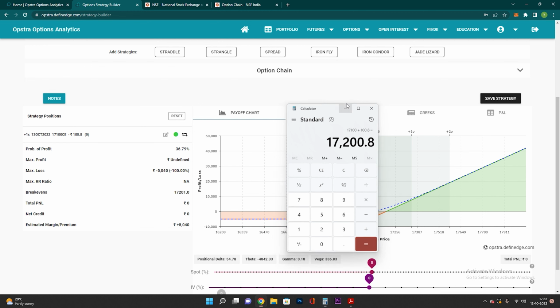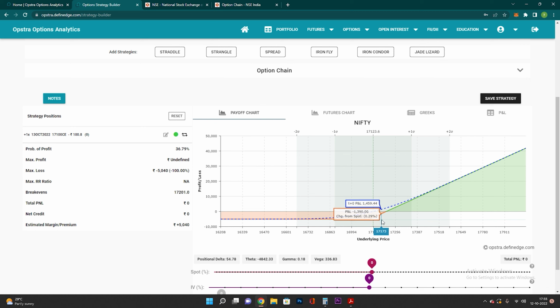After that, at 17,202, 17,203, each 1 point will be a profit of 1 rupee. So the risk involved is only the premium that you paid. This is very low risk and the reward will be maximum. You can see here 14,000, 15,000, 16,000, and it is undefined. That's why the maximum profit zone was showing undefined profit.